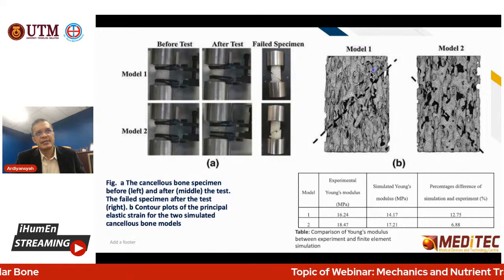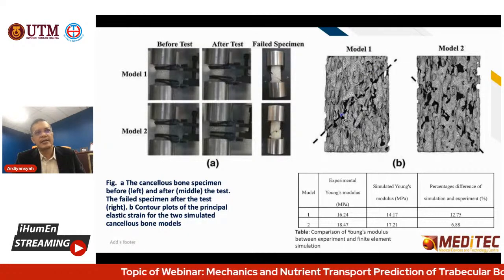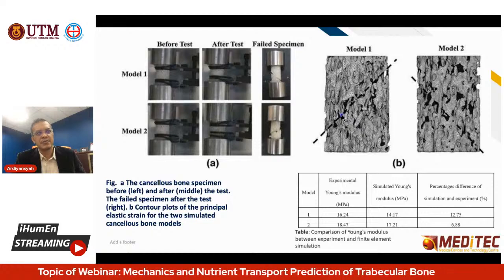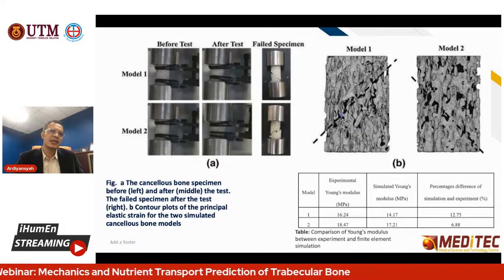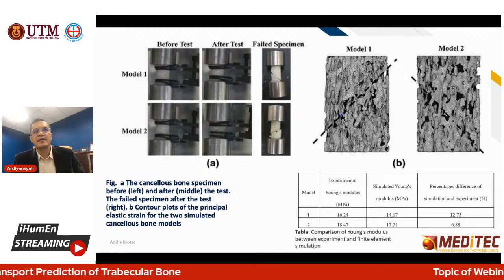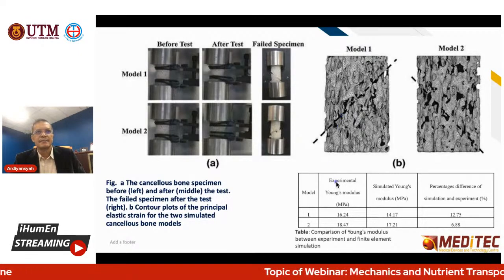You can simulate it exactly and compare with the experiment. Even the fracture line, with the same model, you can get exactly the same as the experimental.